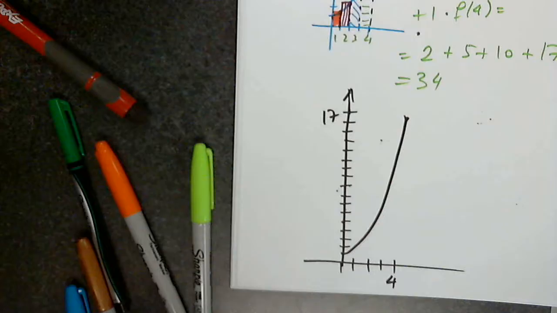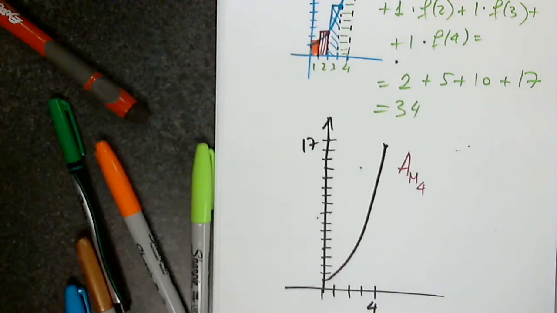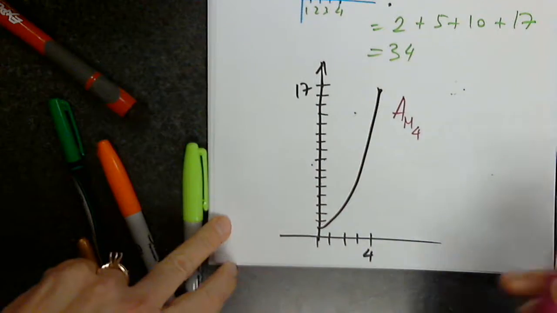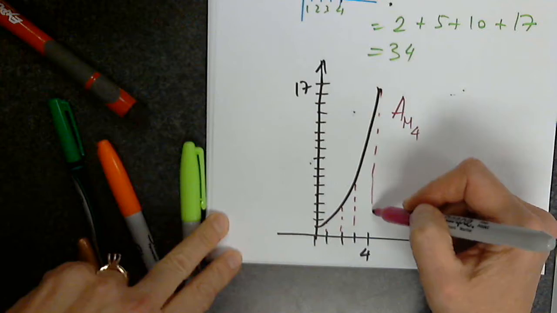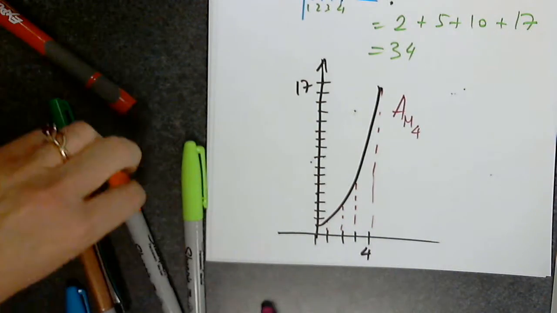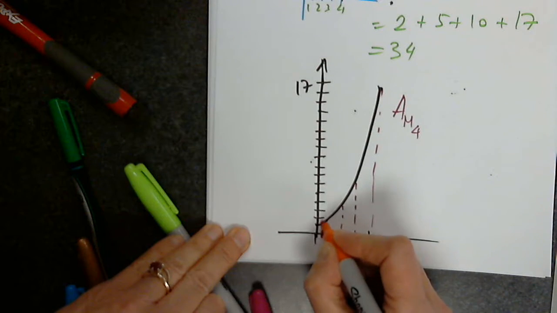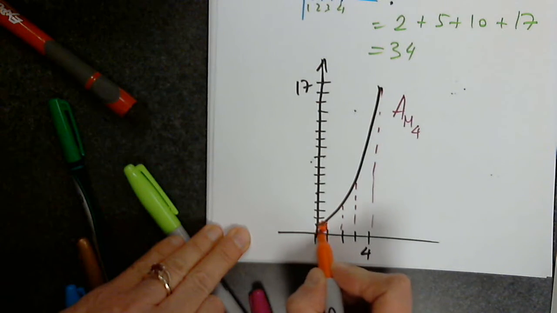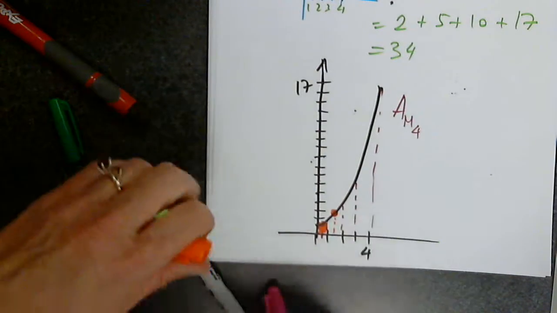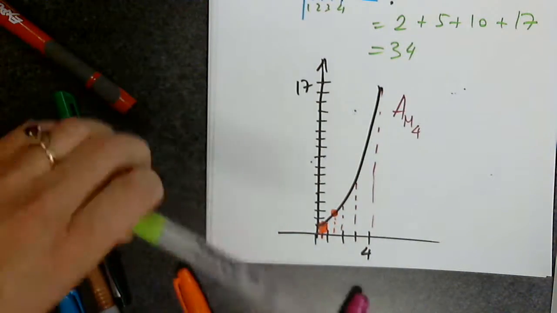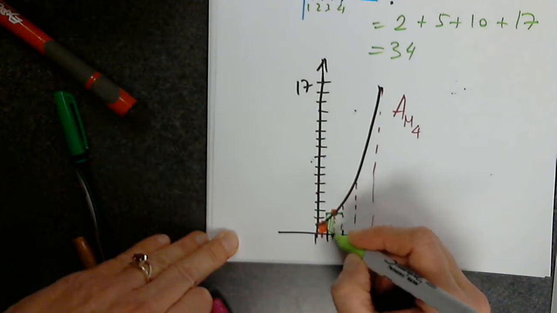This time, I want to find the area using the midpoint with 4. Look what happens now. Okay. Midpoint, height, rectangle. Midpoint, height, rectangle.